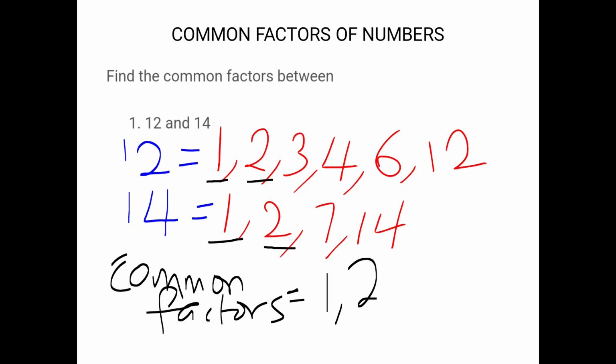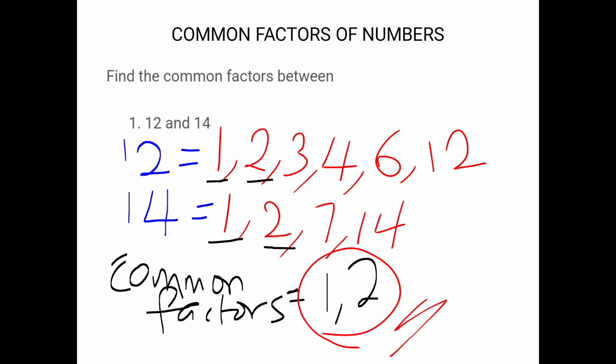So we have 2. Any other number? We have 3 in 12, there is no 3 here. We have 4, no 4. We have 6, no 6. We have 12 and no 12 here. Likewise for 7 and 14. So common factors between 12 and 14 are 1 and 2. Do you see that?